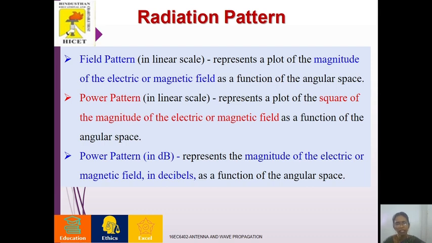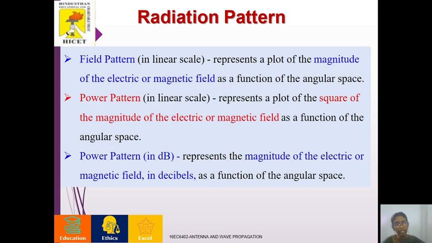This radiation pattern can be put in two forms. One is a field pattern, other is power pattern. Field pattern is normally represented in linear scale as a plot of magnitude of electric or magnetic field as a function of angular spatial coordinates, that is theta and phi.